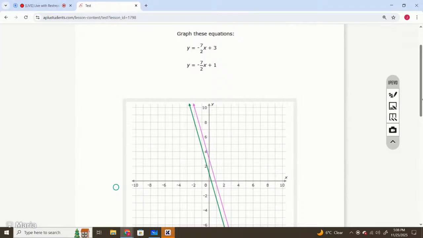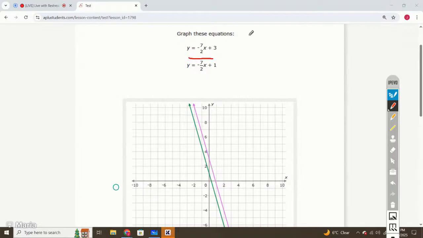Graph these equations: y equals negative 7 over 2x plus 3 and y equals negative 7 over 2x plus 1. So let's just start with the first equation. Put x equals 0 in the equation. y equals 3, that is 0 and 3.